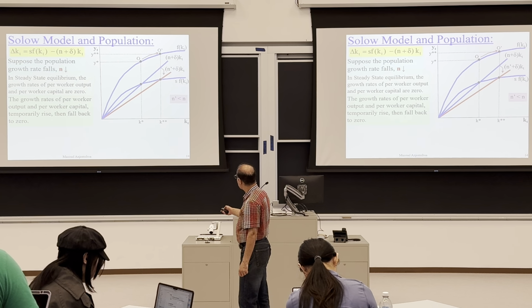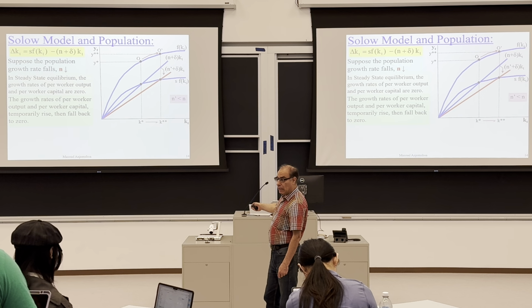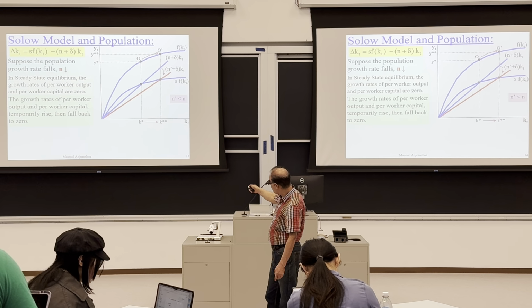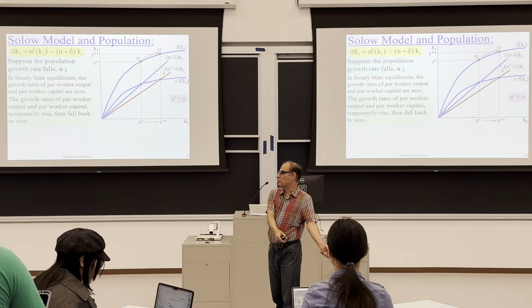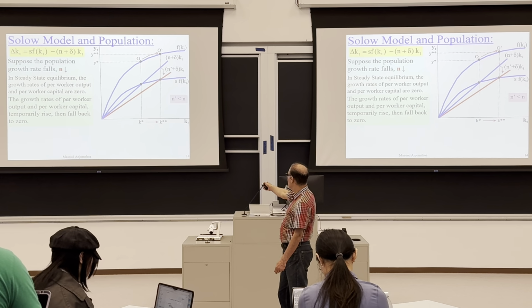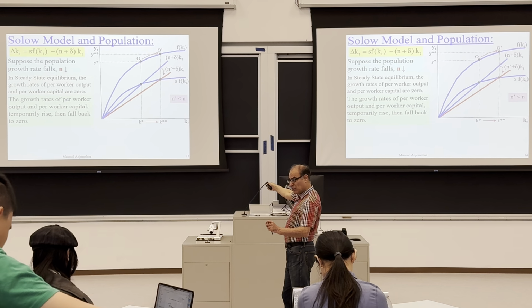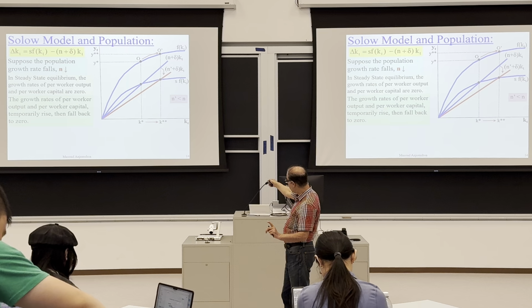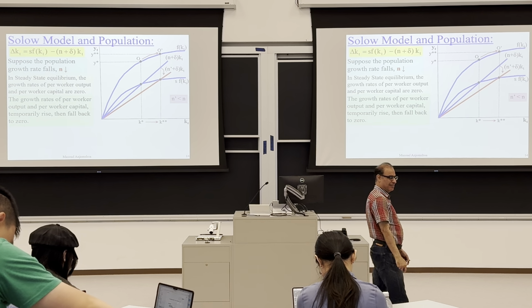But again, there is another problem, I mean, the same problem. Yes, levels go up permanently, but growth rates go back to zero. You see here, when you go from O, growth rates become positive shortly, taking you from O to O prime. At O prime, growth rates go back to zero again.